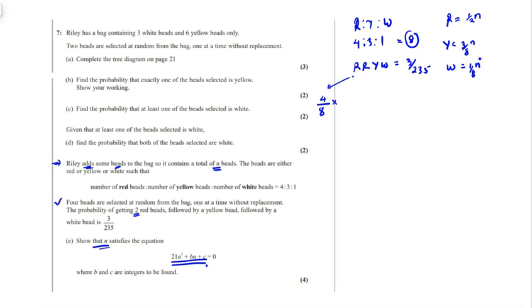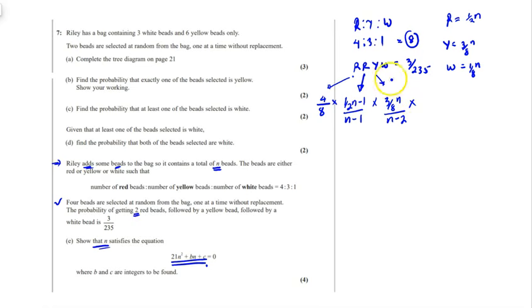Now, getting a red in the second trial means that you have half of the beads minus 1, because you got one already, and the total number of beads has decreased by 1. Getting yellow next, you have 3 out of 8 of the total, and the beads have decreased by 2.